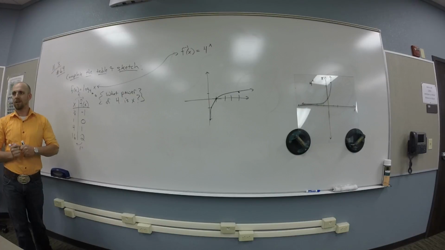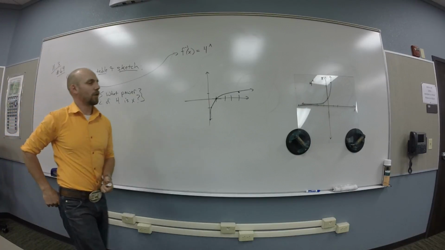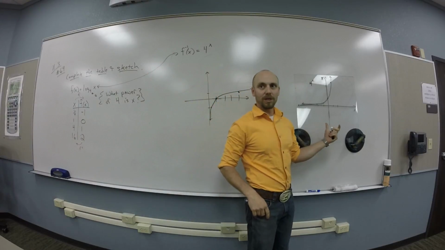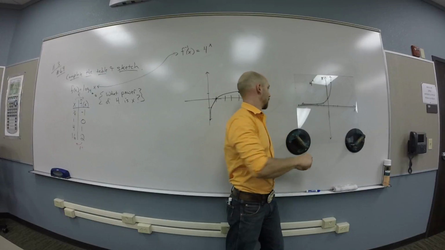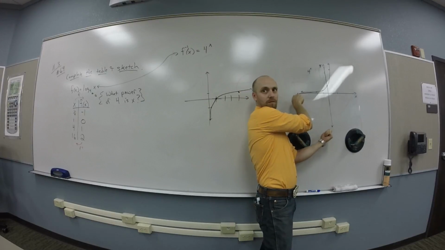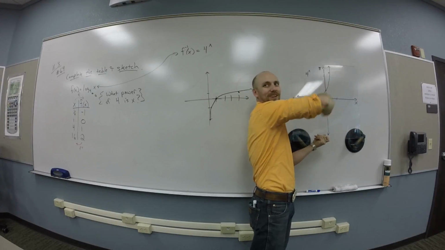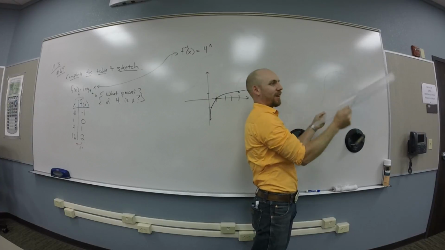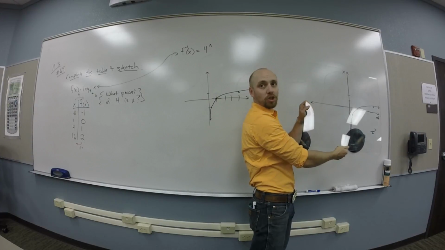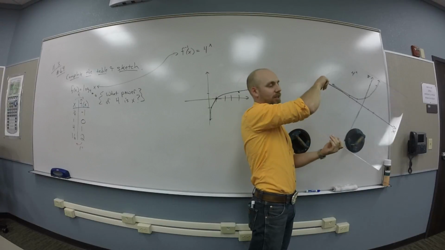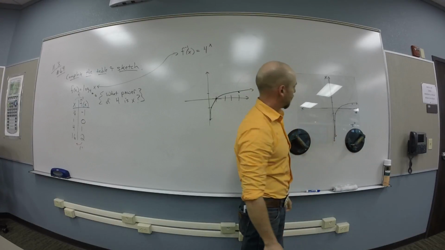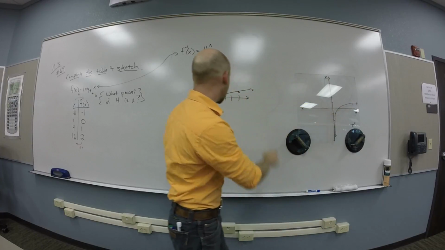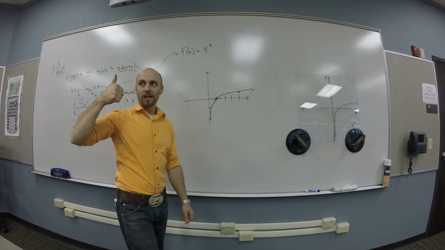You guys see that? So if I want the graph for log base 4, what do I do with my piece of plexiglass? Flip it. So I need to exchange the y's and x's, and that takes this form. And then I have that same picture. Check, good.